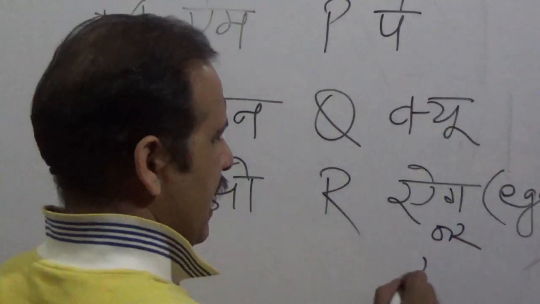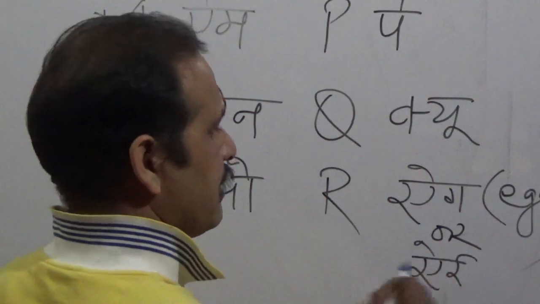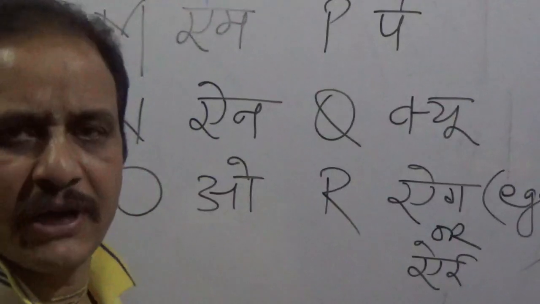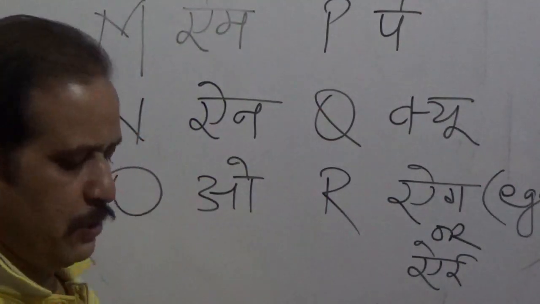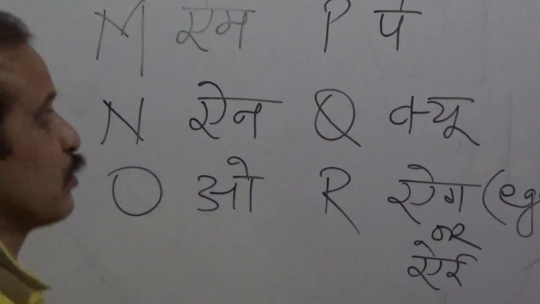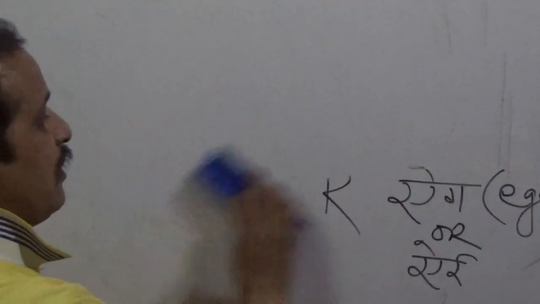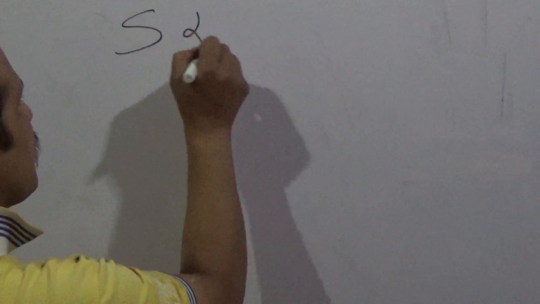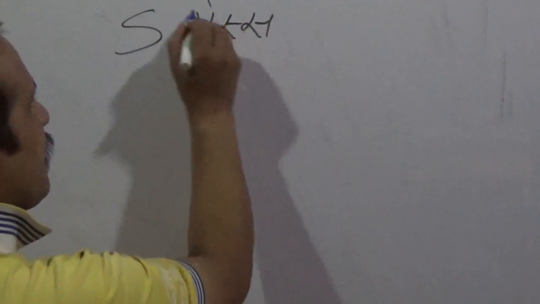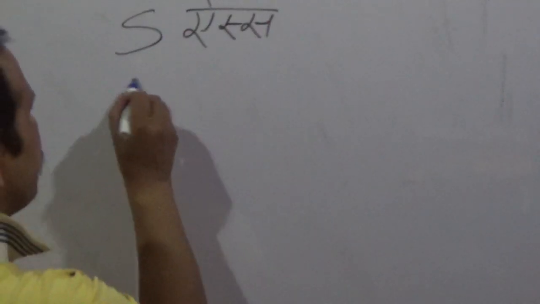So air is also correct. So R, you can pronounce it as air, that's the original sound, as if you're gargling. Or if not, then you can do it as L. S is S only.